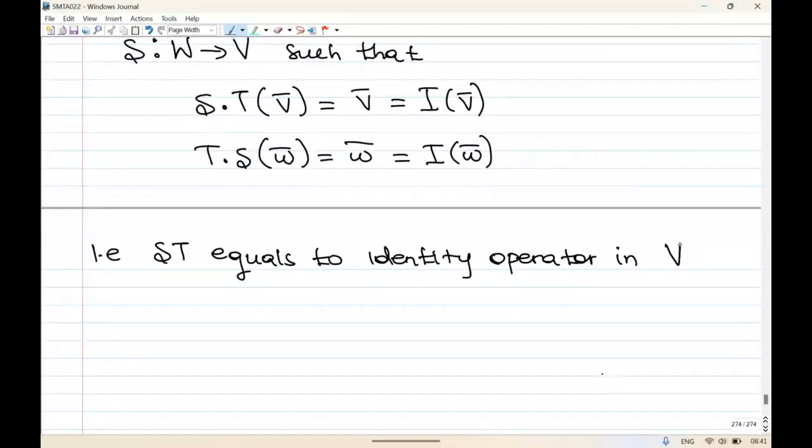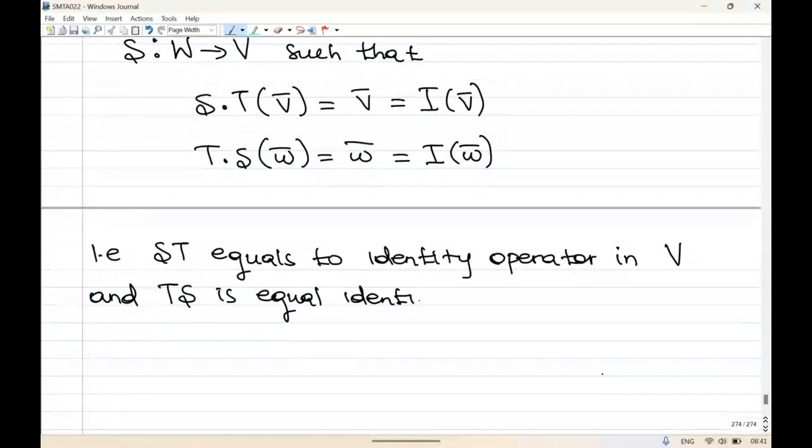In vector space V, and TS is equal to the identity operator in vector space W.